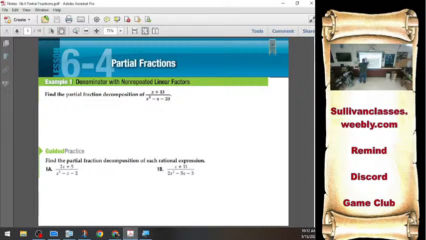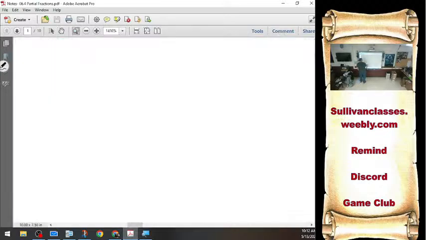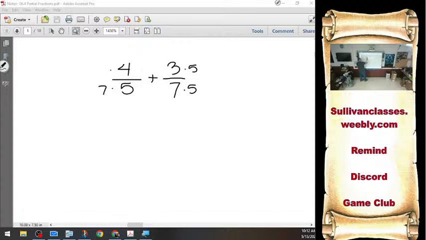Y'all remember side quest? No calculator. What do you do? Multiply the right one by 5 and the left one by 7.